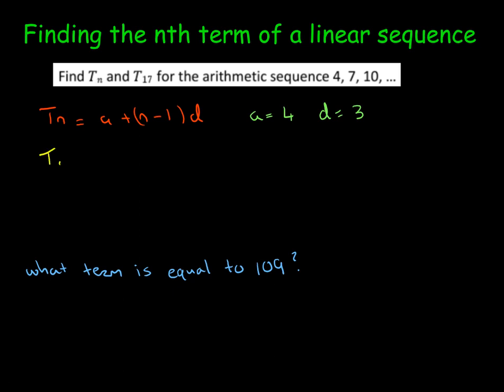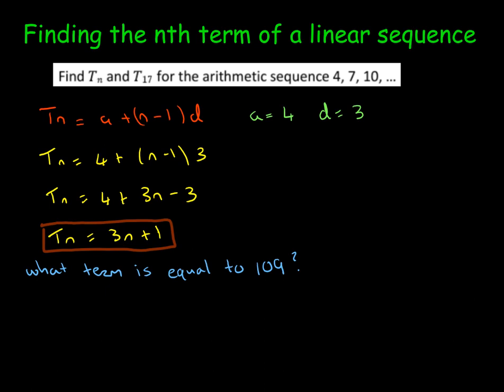So sub in your formula. We're looking for the Tn, so we leave n as n. So 4 plus (n minus 1) by 3. Multiplying out the 3, 4 plus 3 by n is 3n, 3 by minus 1 is minus 3, and in its tidiest form that becomes 3n plus 1. So that's the nth term of that sequence.